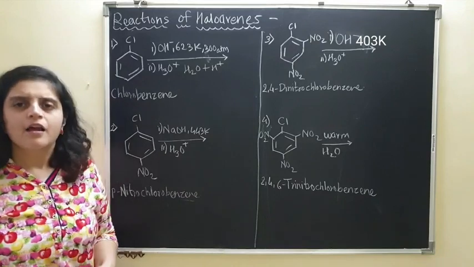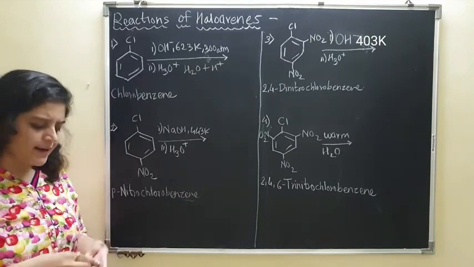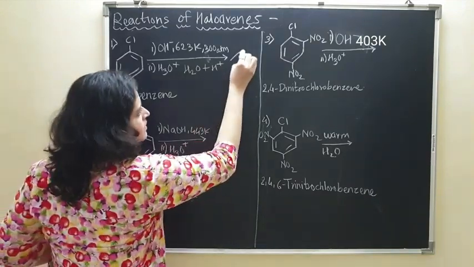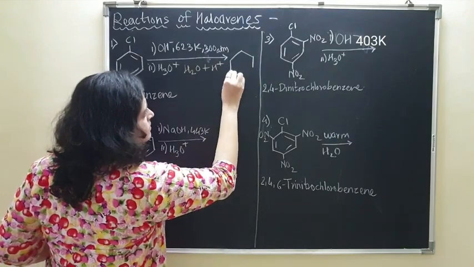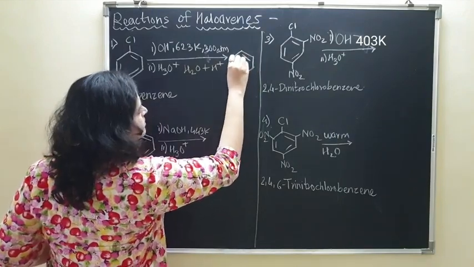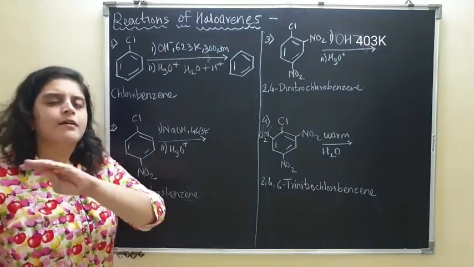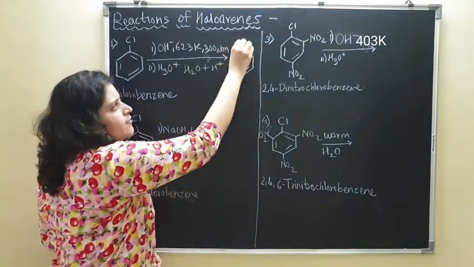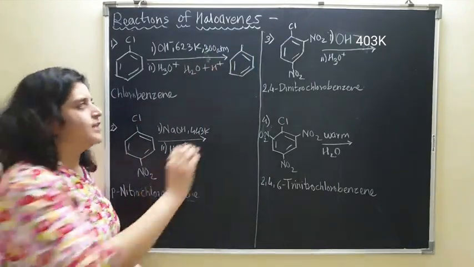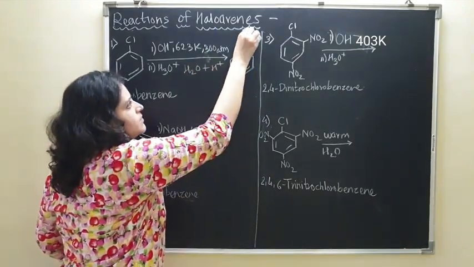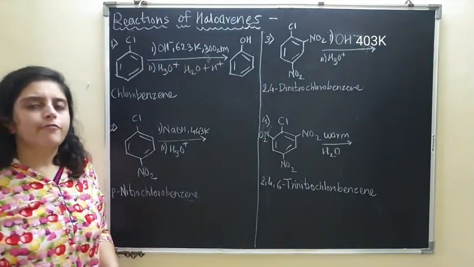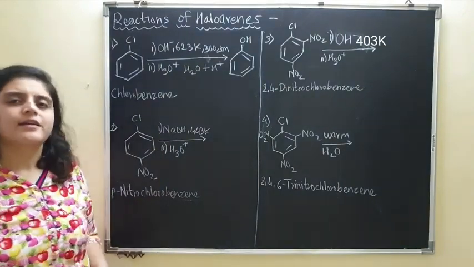This Cl will be replaced by OH minus. We have to do only one simple thing: remove chlorine and instead of chlorine put OH. So the product formed in this reaction is phenol.